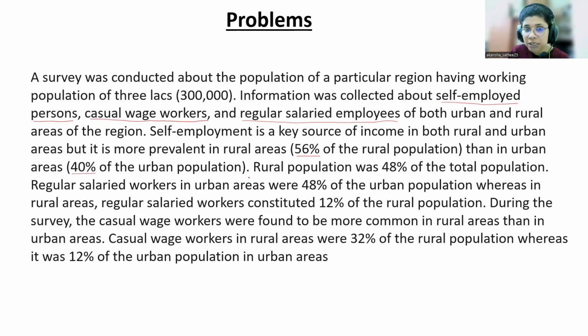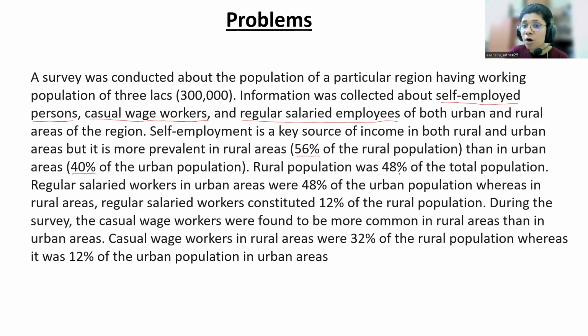What they are trying to say is that self-employed persons are more in rural areas compared to urban areas. So in rural areas, 56% of the total population is self-employed, and in urban areas, 40% of the total population is self-employed.